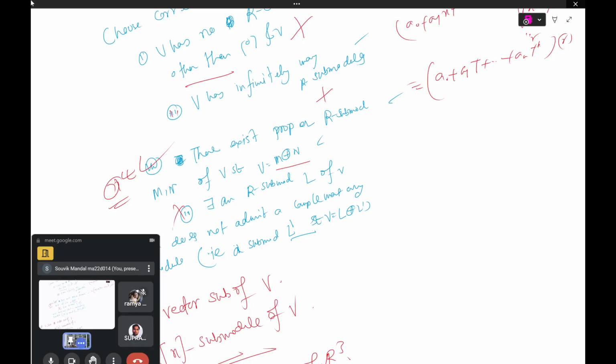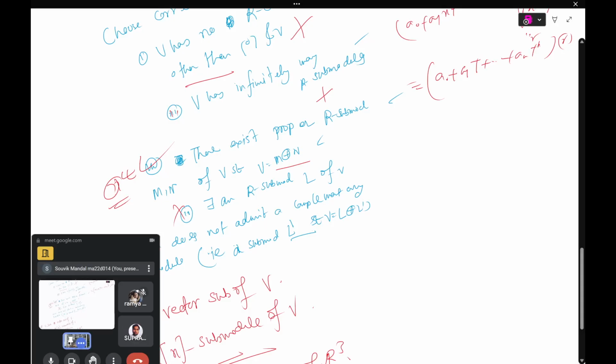Okay, thanks for pointing this out. I will give the structure regarding this solution. Thanks for pointing it out. In the next lecture, I'll update about this question.